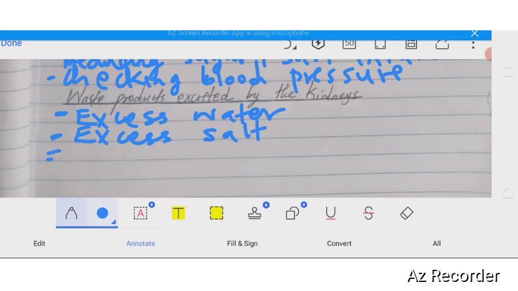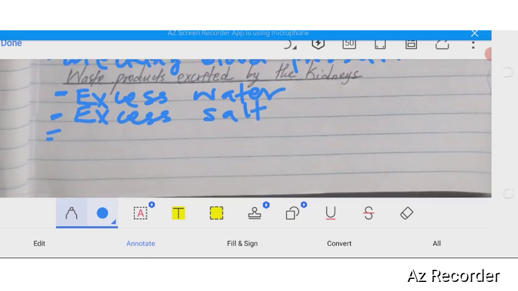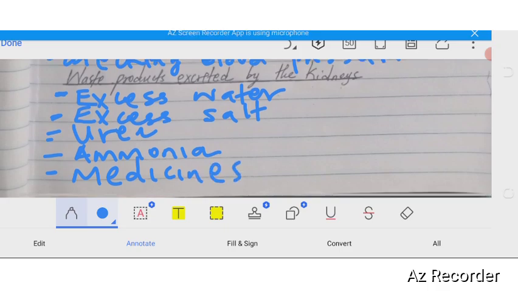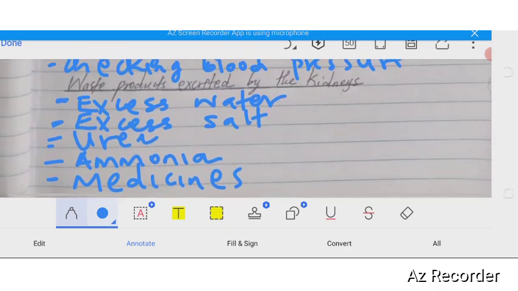Number three, urea. Number four, ammonia. Ammonia can also be excreted by the kidney. And last but not least, we have medicines. Medicines are also waste products that can be excreted by the kidney.